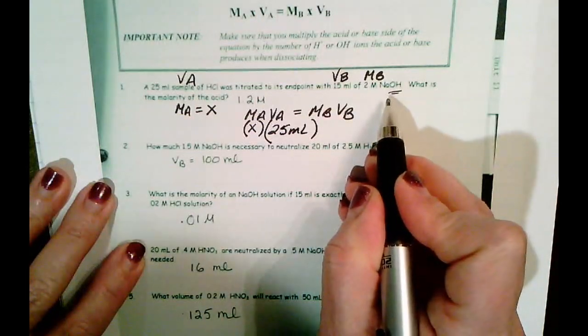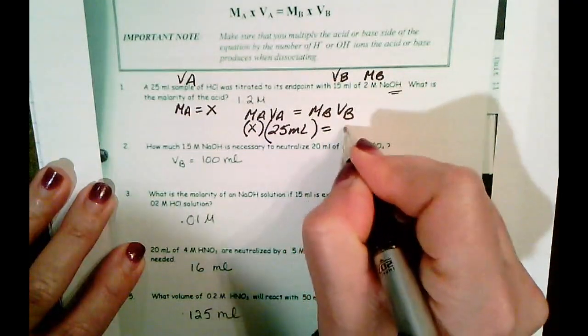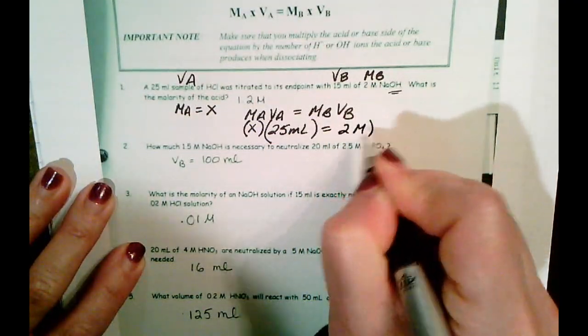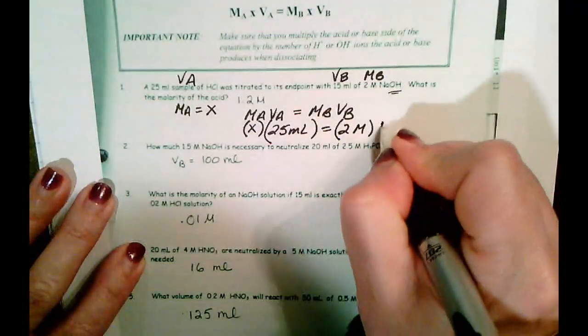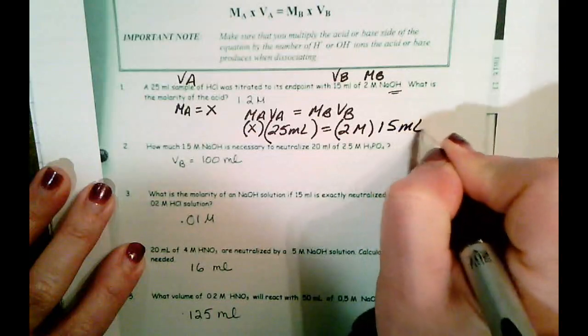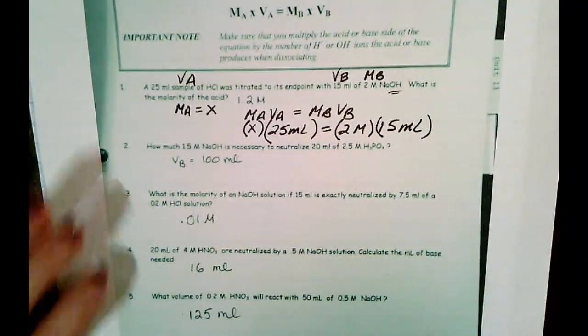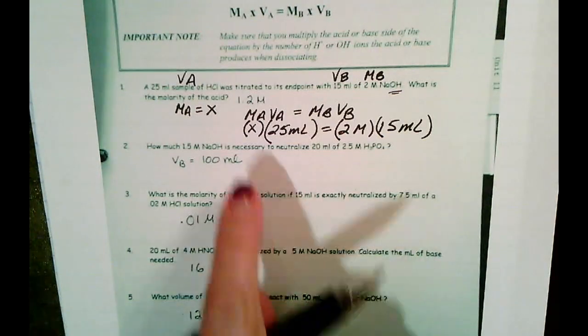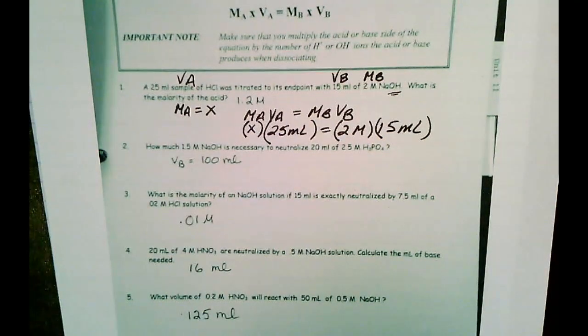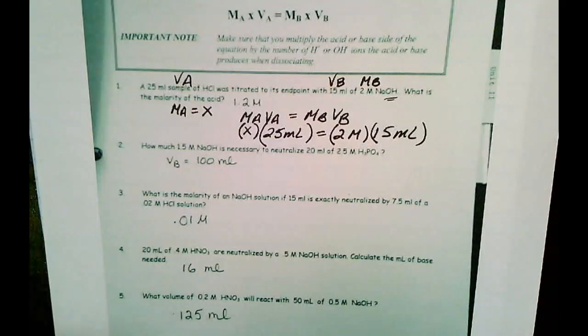Molarity of the base is 2 molar. And the volume of the base is 15 milliliters. So there you go. It's just a plug and play. And I'm assuming X equals 1.2. That's what the answer key says.